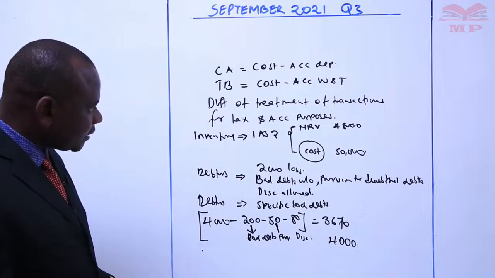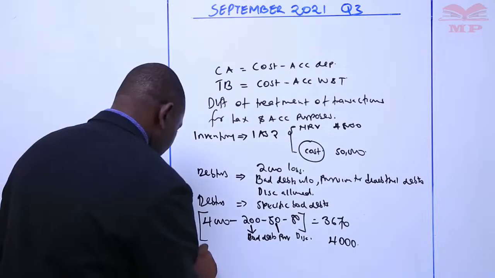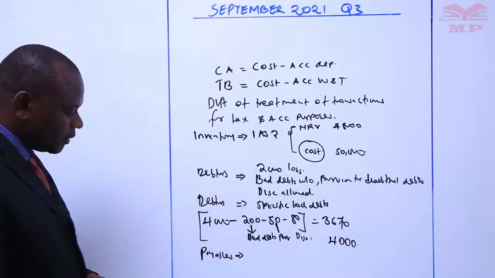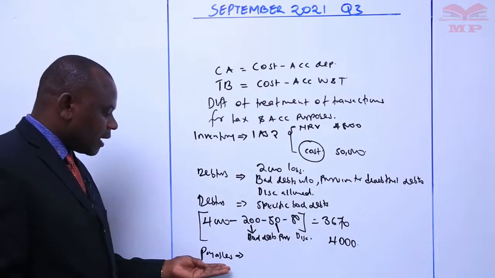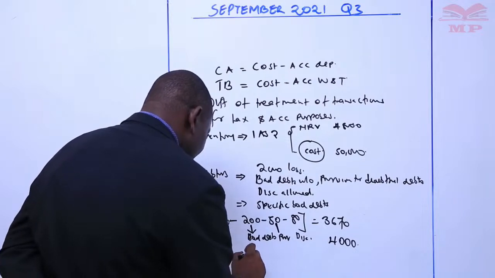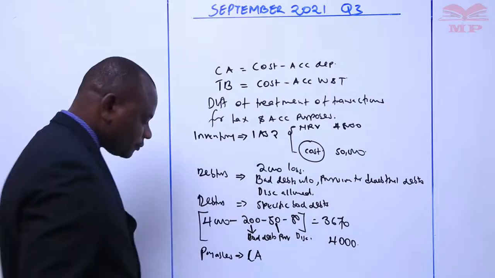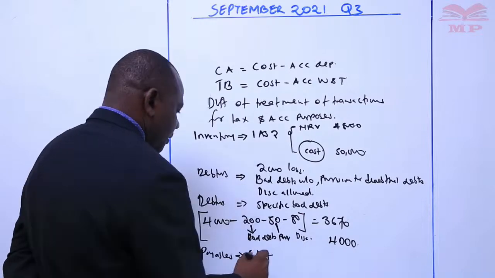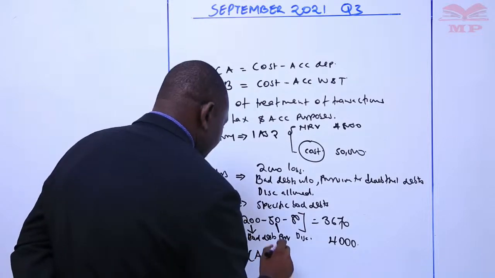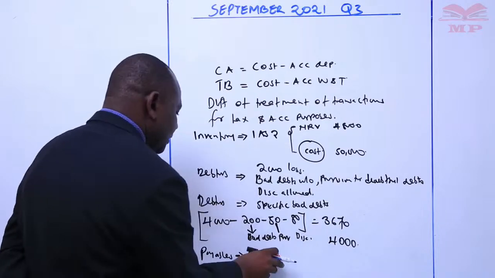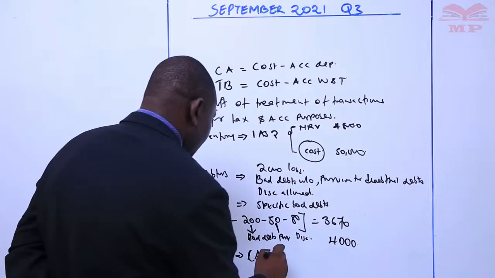Let's talk of payables. Payables, according to the accountant, will be accounted for at the carrying amount minus any discount received from the payables.